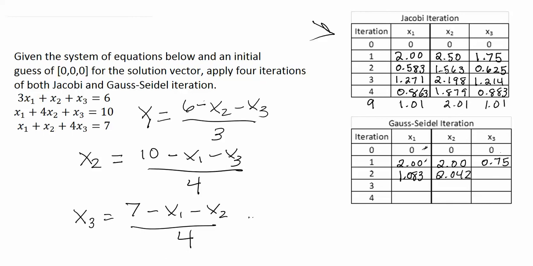Next, I apply equation 3, where I take 7 minus the updated values of x1 and x2, so I say 7 minus 1.083 minus 2.042, all divided by 4, to give me an answer of 0.969.